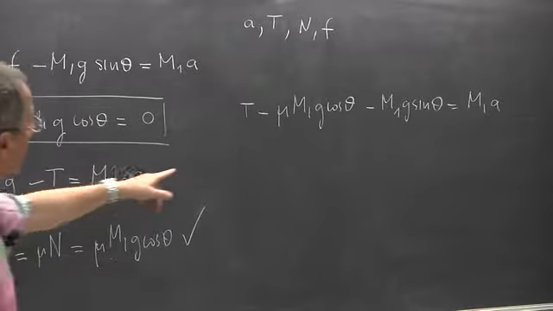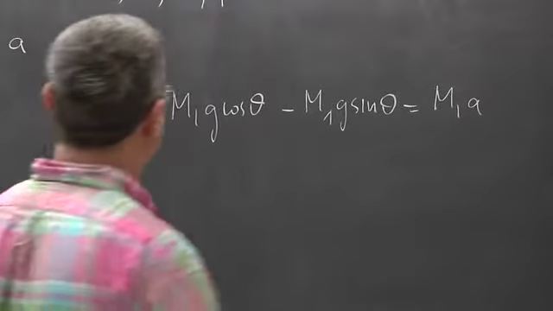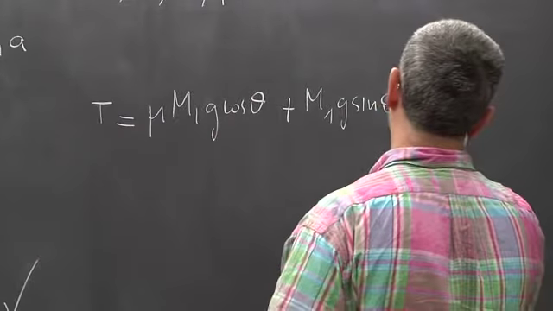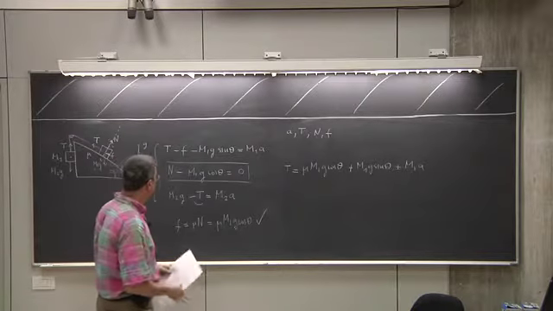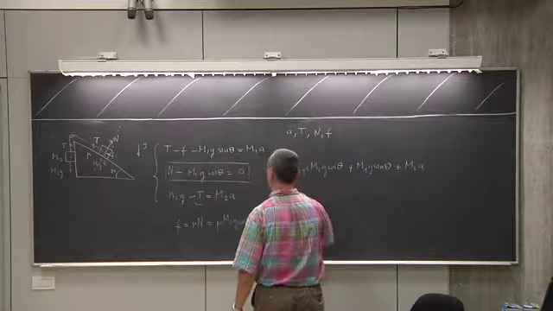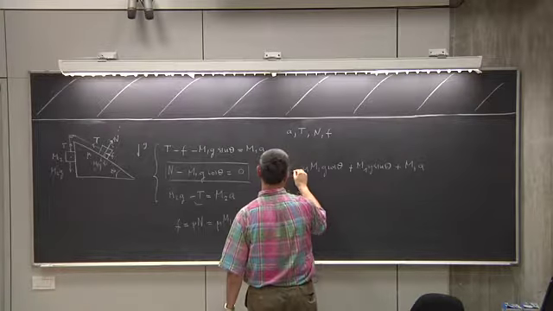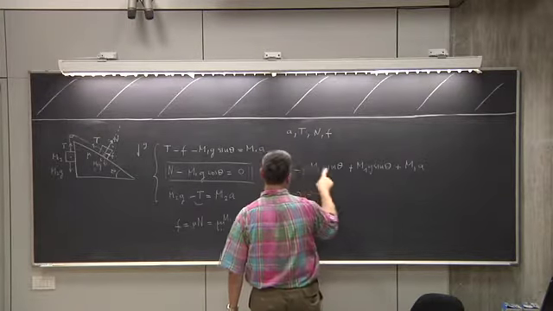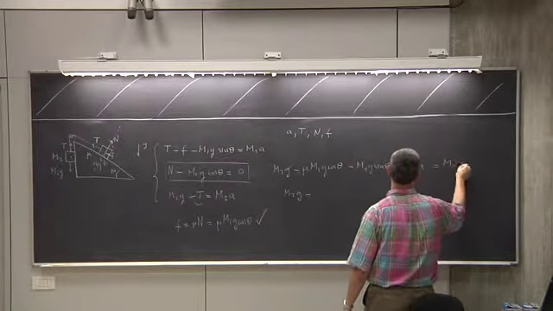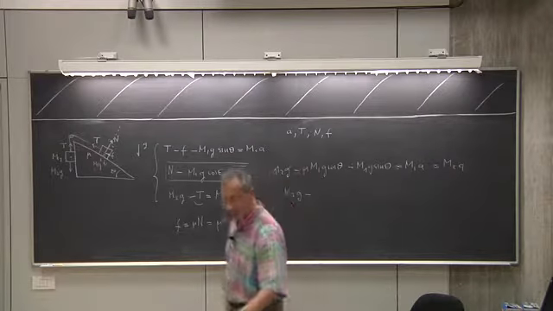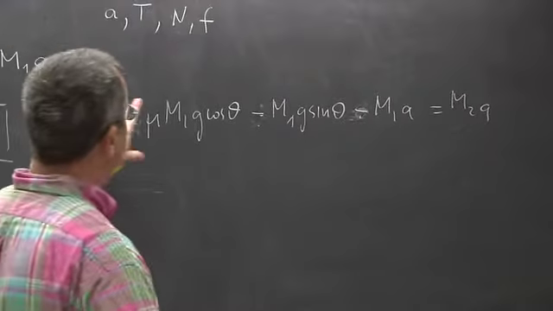And you see that now I have T. I can solve this as T equal, I bring this on the other side, and I plug it in here. And then you see now I'm okay, because m2g minus this is equal to m2a. So now everything on this side is known.